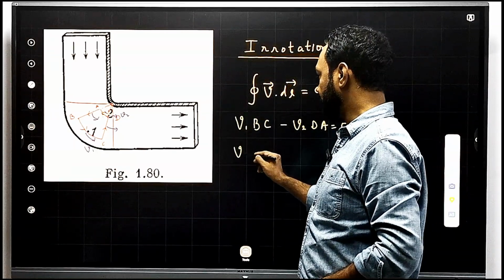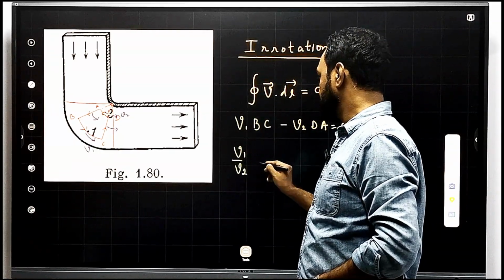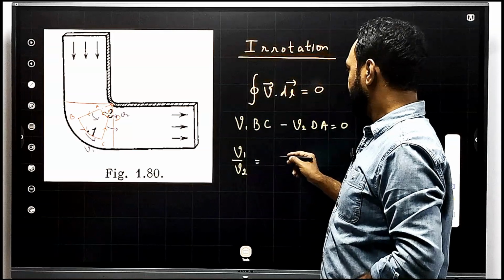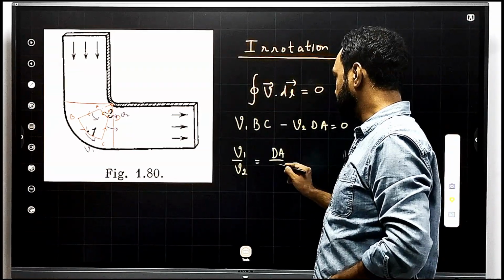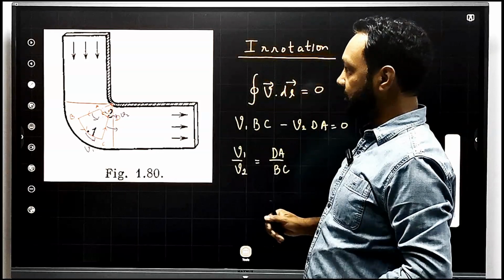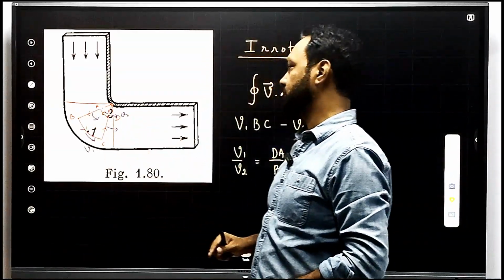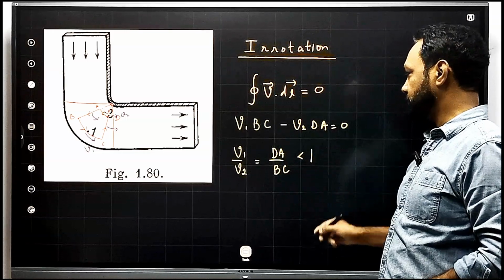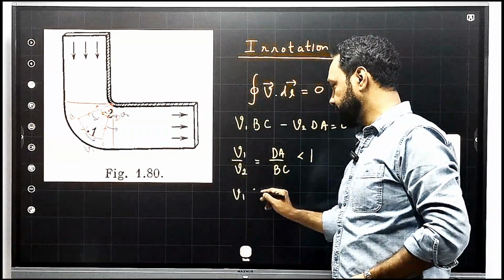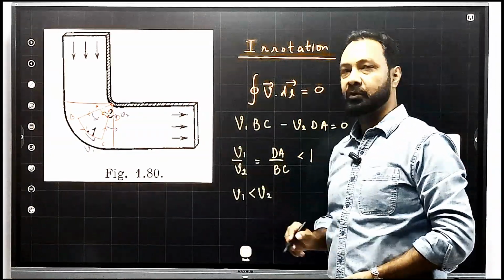So v1 by v2 is equal to dA by BC. You can see that dA is smaller than BC, so that is less than 1. So v1 is smaller than v2, right?